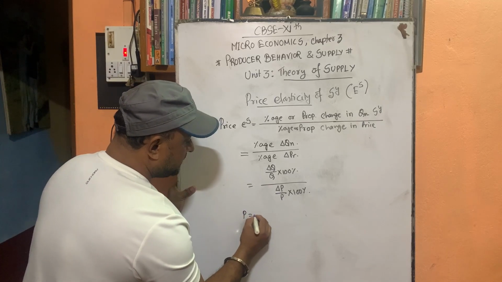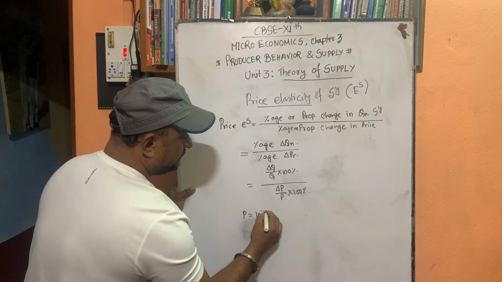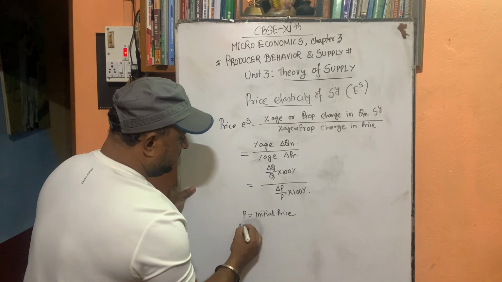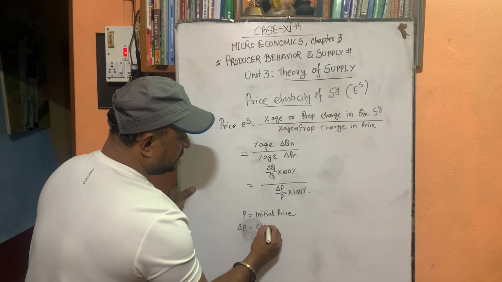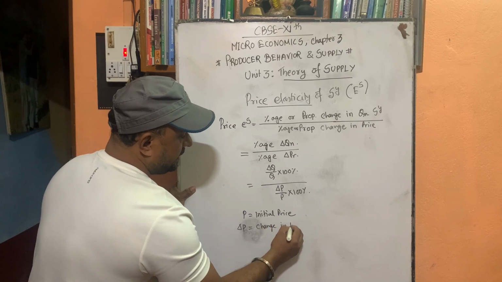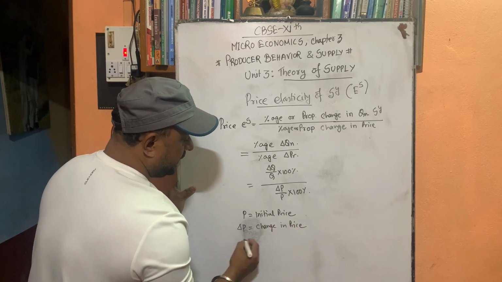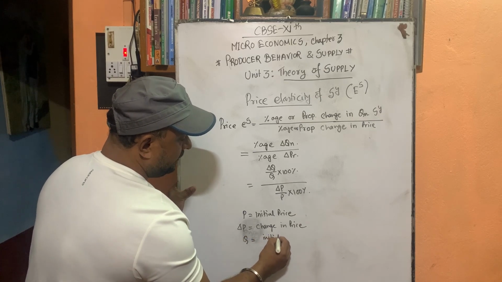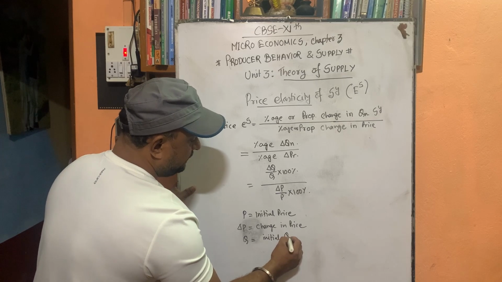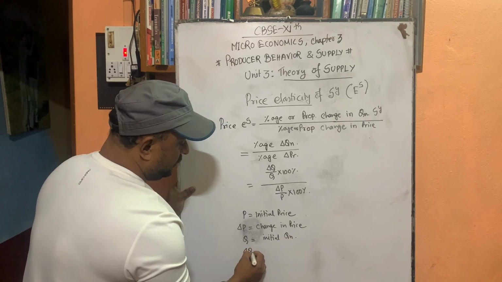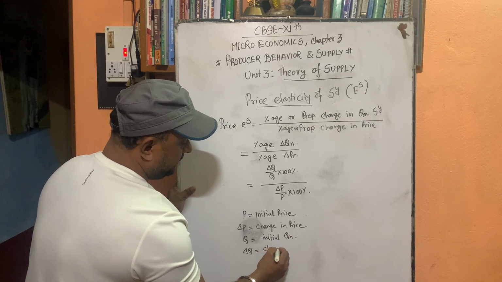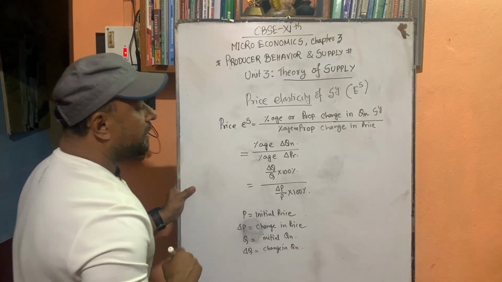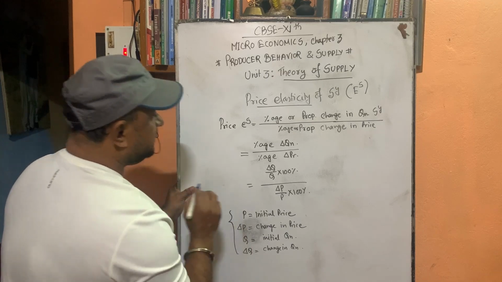Here P means the initial price of the good, delta P means the change in the price, how much the price increases or decreases. Q means the initial quantity, the starting quantity at the basic price, and delta Q means the change in quantity. So this is our percentage method.